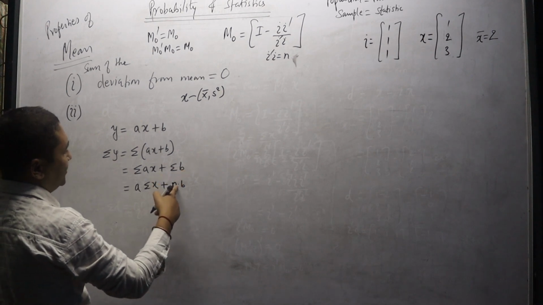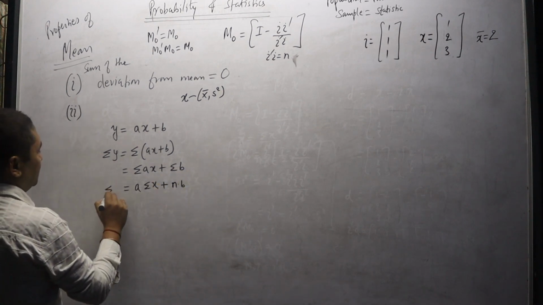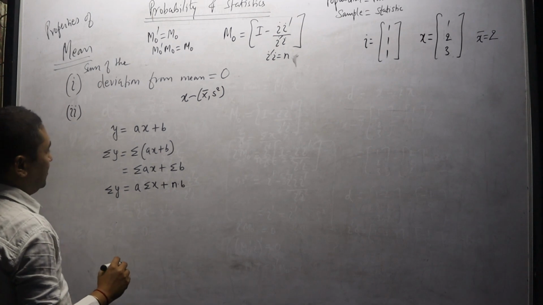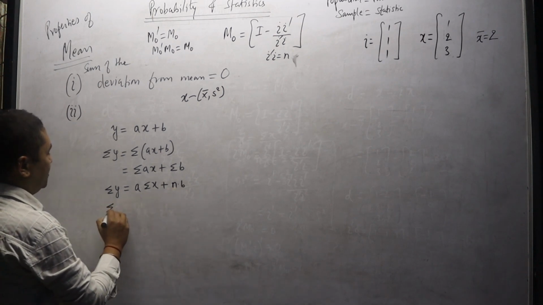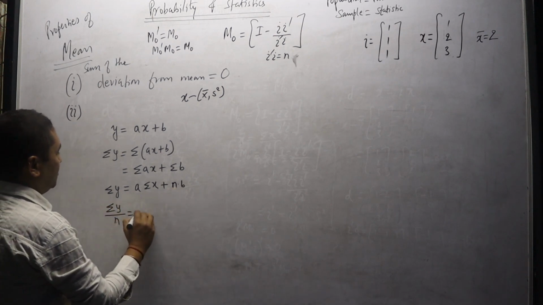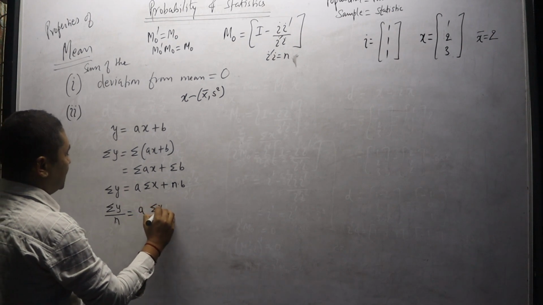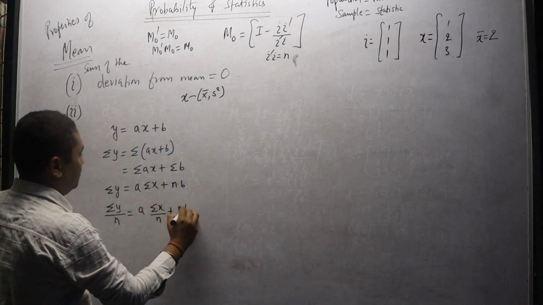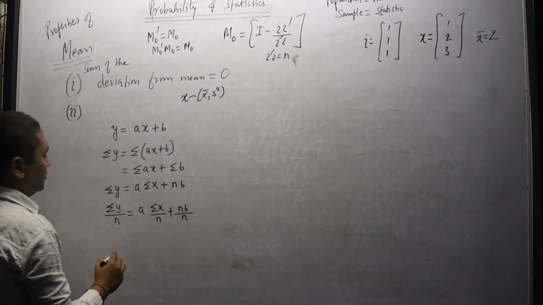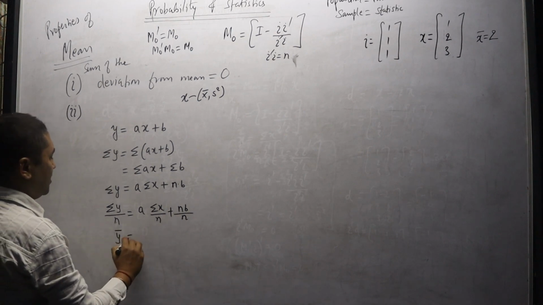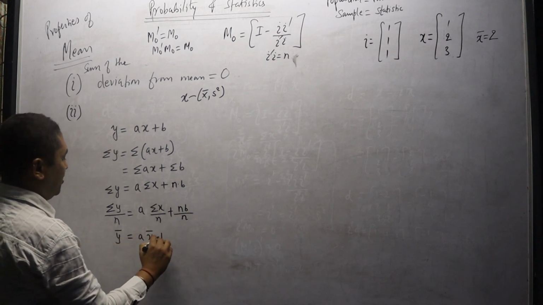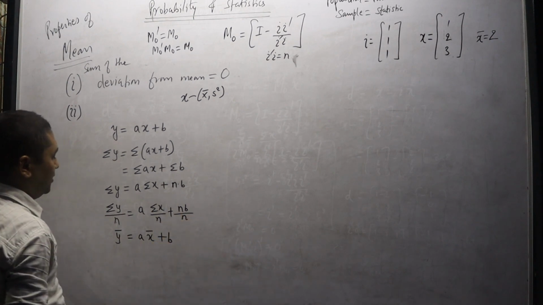This is the summation of y. Then let us divide both sides by n to calculate the average. Summation y divided by n equals a summation x divided by n plus b divided by n. So this is y bar equals a x bar plus, cancelling this out, b. So what did we get?